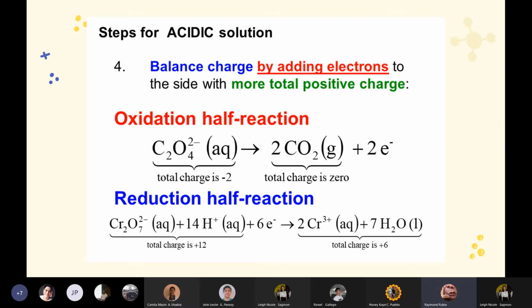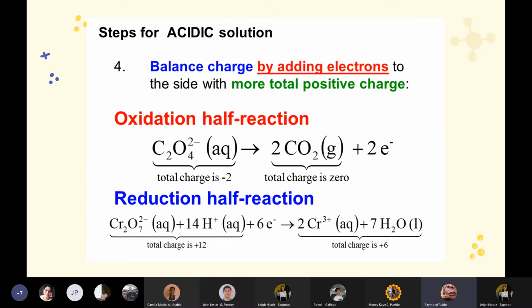Ang H2O nga part wala siya charge kaya wala siya gibutang nga sign. So imo siya atbangan, so 6 here, 6 diri plus 6. So imo siya atbangan og -6, para mag-equal sila, +6 sa both sides.